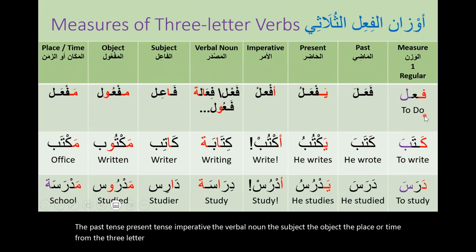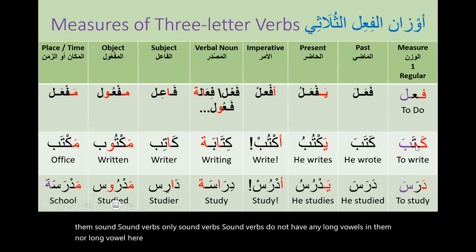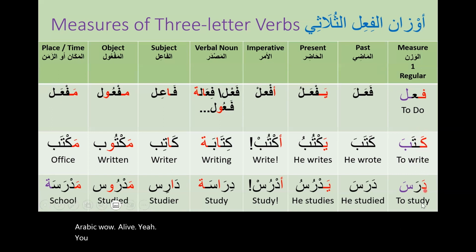And we are talking about only three-letter root verbs that we call sound verbs. Sound verbs do not have any long vowels in them. No long vowel here, like kataba, and I mean by long vowel in Arabic, waw, alif, ya.